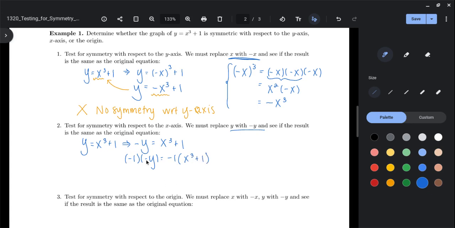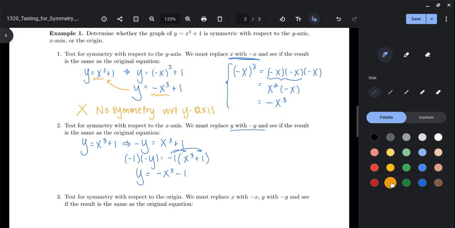Negative times a negative is a positive, so we get 1 times y, which is positive y. And then on the right-hand side, remember, we're distributing this negative 1 to both terms in our parentheses. So negative 1 times positive x cubed is a negative x cubed. And then negative 1 times positive 1 is a negative 1.